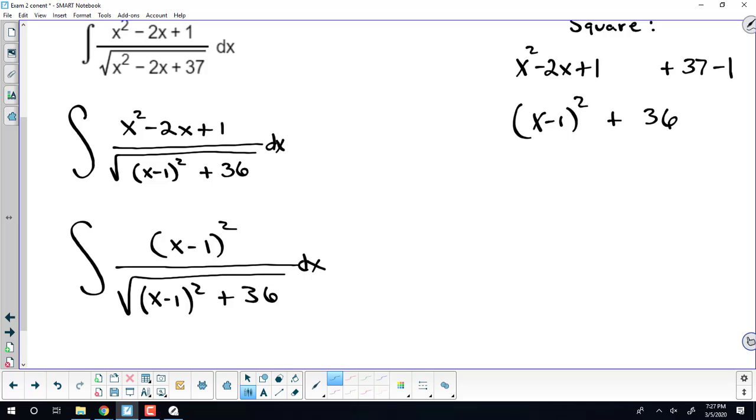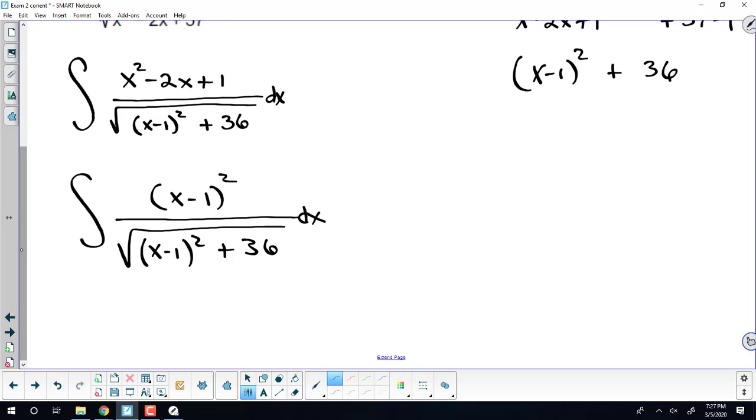And then that way when we say, okay, we're going to let u be x minus 1, then we have just this straight substitution. So you could do a trig substitution from here, it just requires a little bit more manipulation.